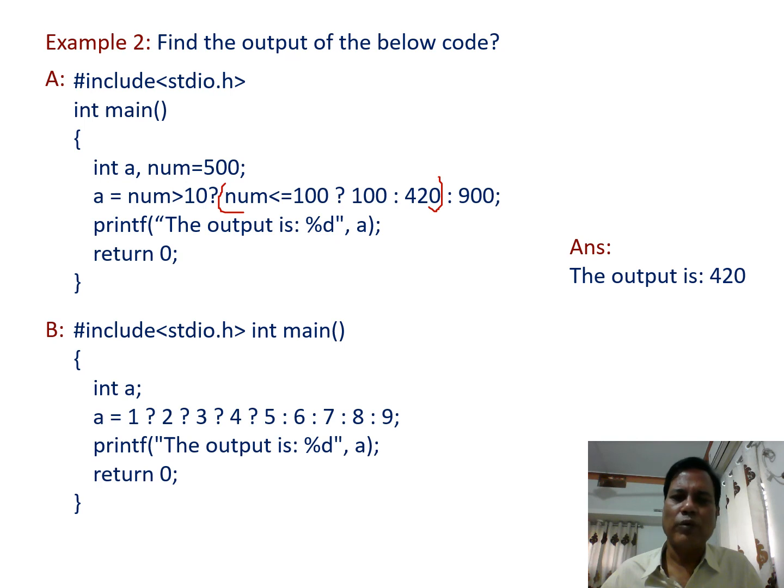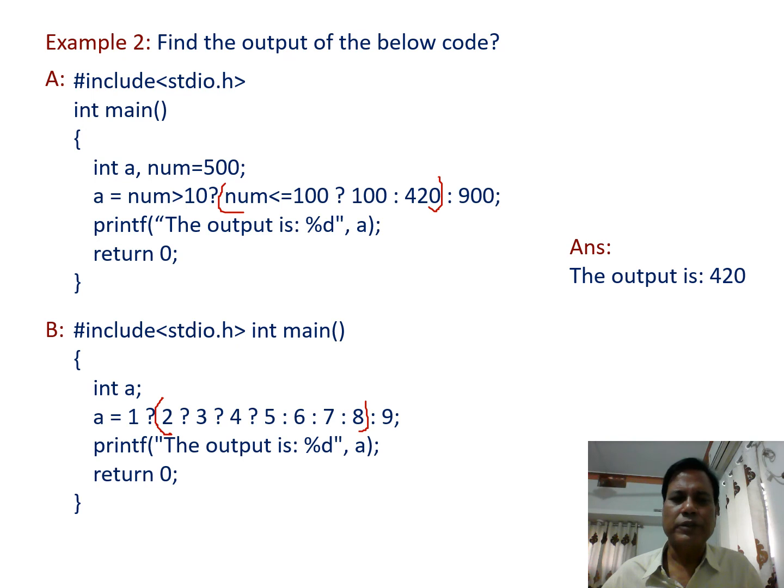So we have to use the associative property to know the true and false parts of the conditional operator. Using the associative property from the right side, as it is right associative, this becomes the true part and after the colon becomes the false part.